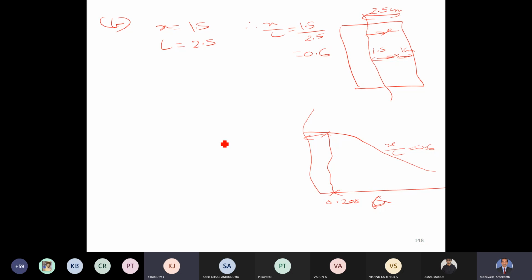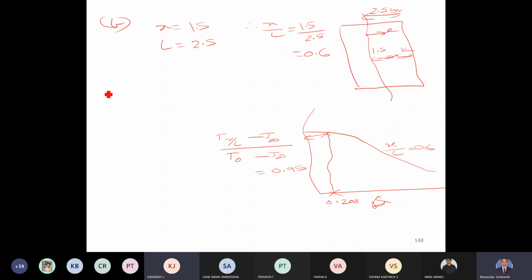What is this value? T at x by L minus T infinity divided by T naught minus T infinity, where T naught is the center temperature. This value turns out to be approximately 0.95.